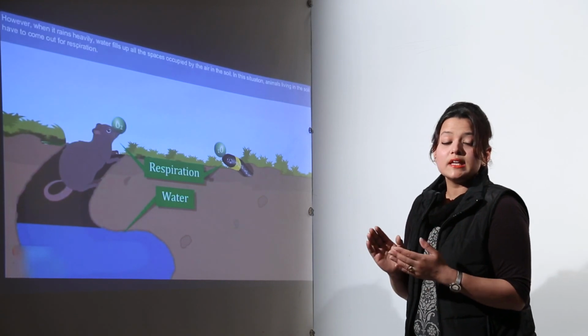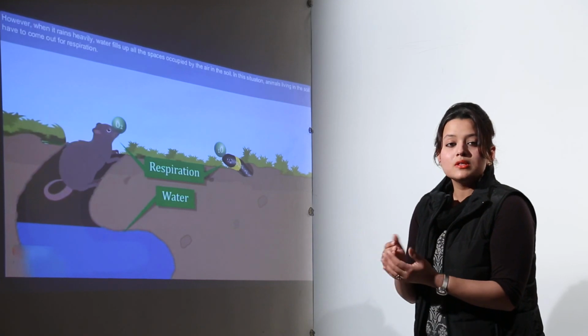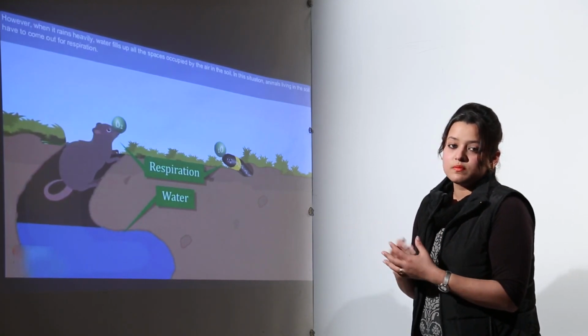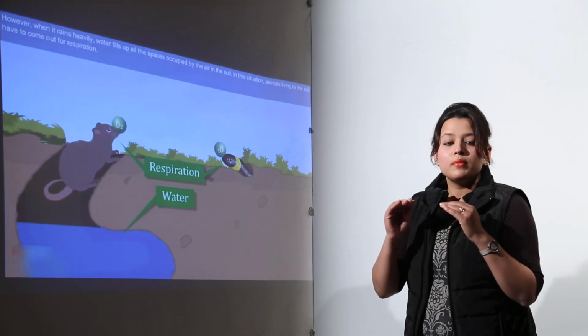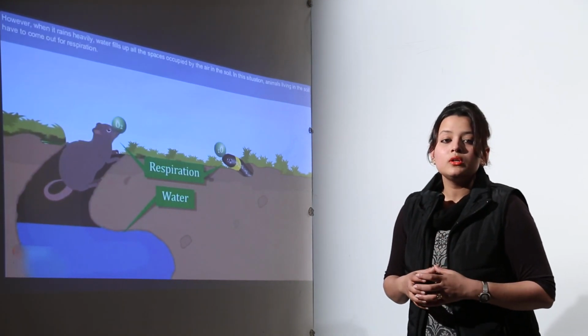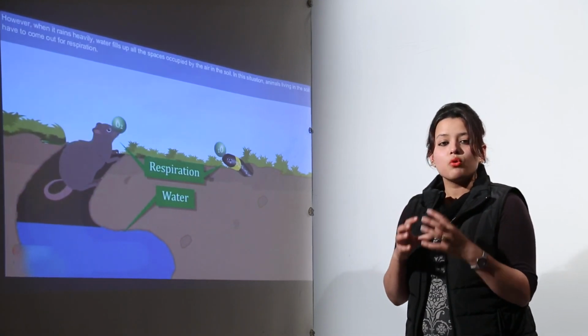So these living organisms have to come out of their burrows in order to breathe oxygen. So we can conclude that the organisms that live under the ground are consuming the oxygen that is present between the soil particles.